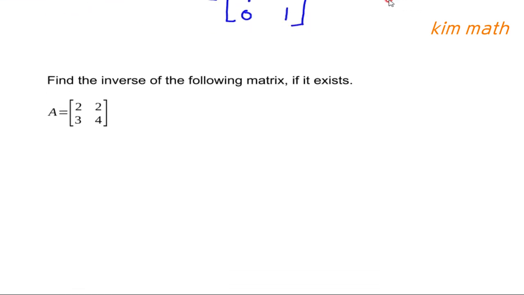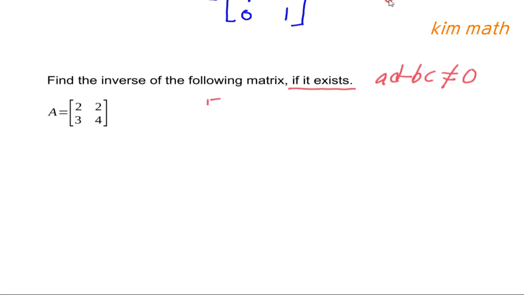Next one. Find the inverse of the following matrices if it exists, which means if AD minus BC is not equal to 0. Otherwise, you have a 1 over 0 that does not exist in math. Good? So, let me copy one more time.